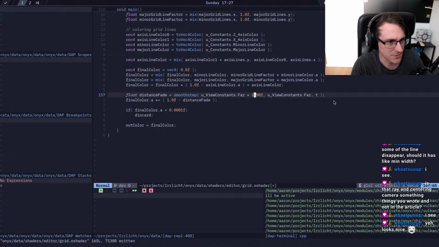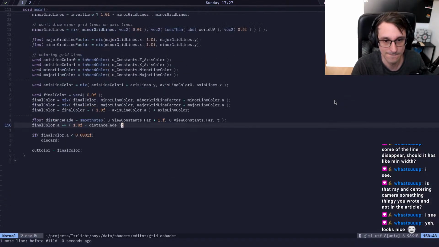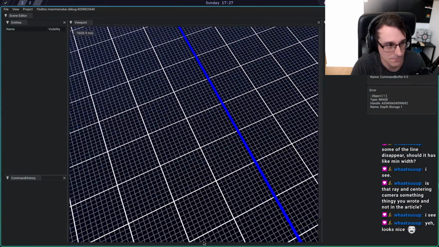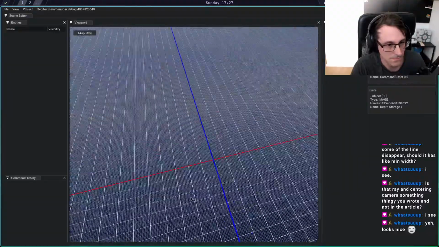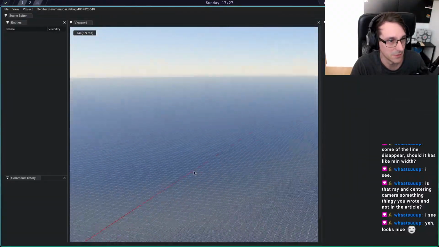Let's see, that's not fade at all, right? Maybe we don't need that. Yeah, I mean that looks fine.